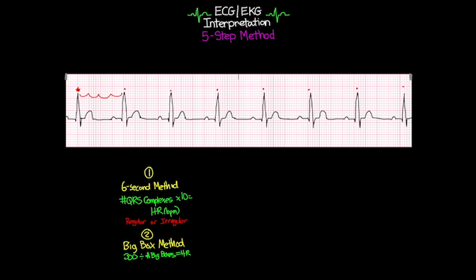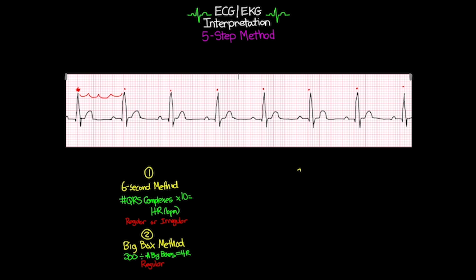On the 6-second method, we got a heart rate of 80. Here with the big box method, we got a heart rate of 75. Again, the difference between a heart rate of 75 and 80 isn't really going to make much of a difference, but we're starting to get a little bit more accurate in terms of the number that we have here. One caveat to the big box method is this is only going to work on our regular rhythms.